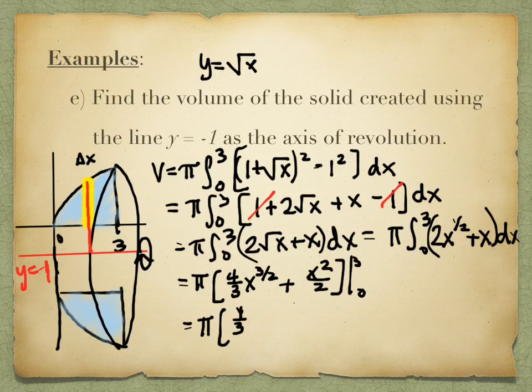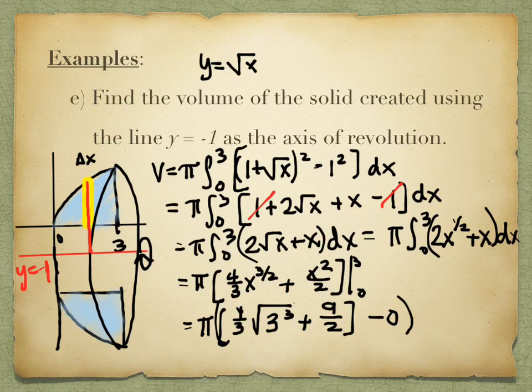What does x to the 3/2 mean? Some of you have some trouble there. This is the square root of, in this case, 3, or x was what it was originally, and then cubed. Put the cubed under, put the cubed outside, it doesn't really matter. And then I've got 3 squared, which is 9 over 2. All of that minus 0 at the end.